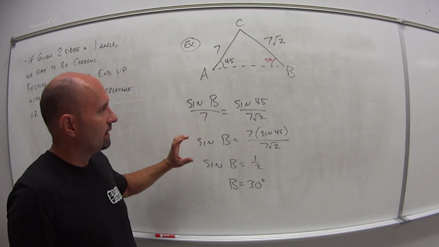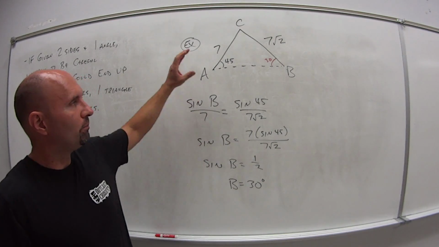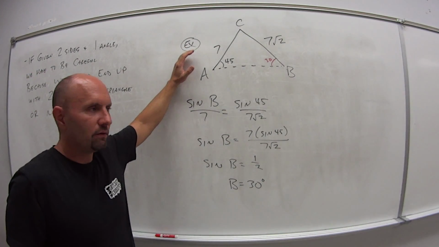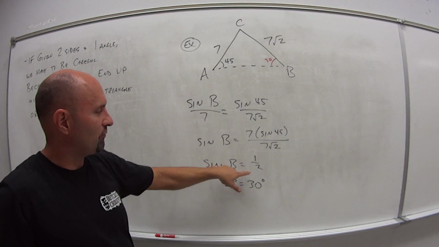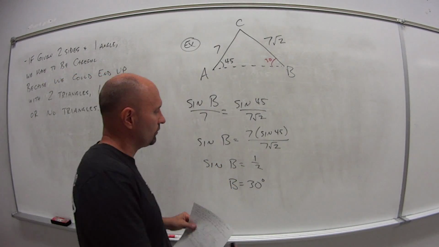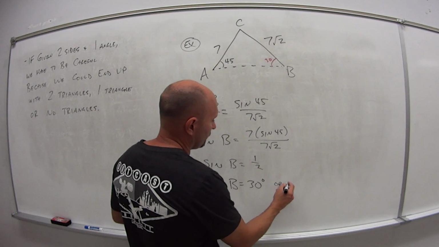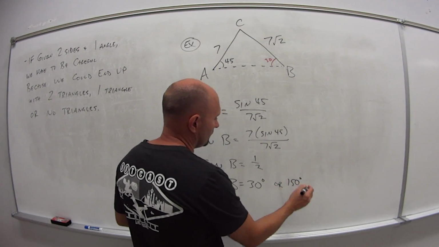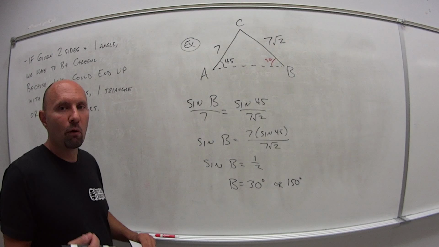Why did we use 180? Because a triangle has 180 degrees. So sine of B is equal to half not only at 30 degrees, but also at 150 degrees. And we have to look at both cases.